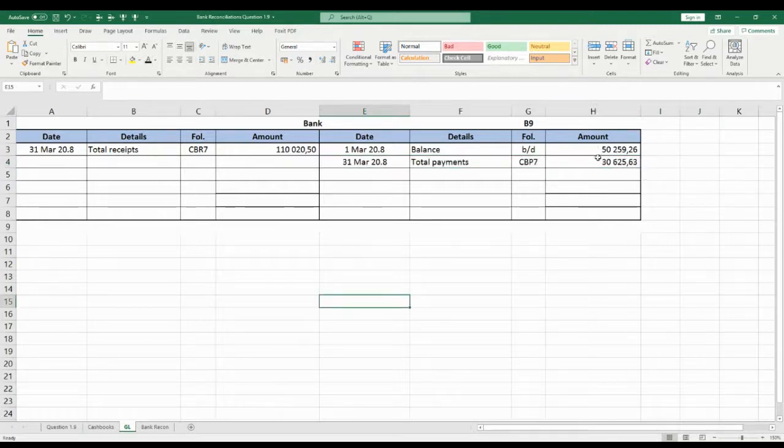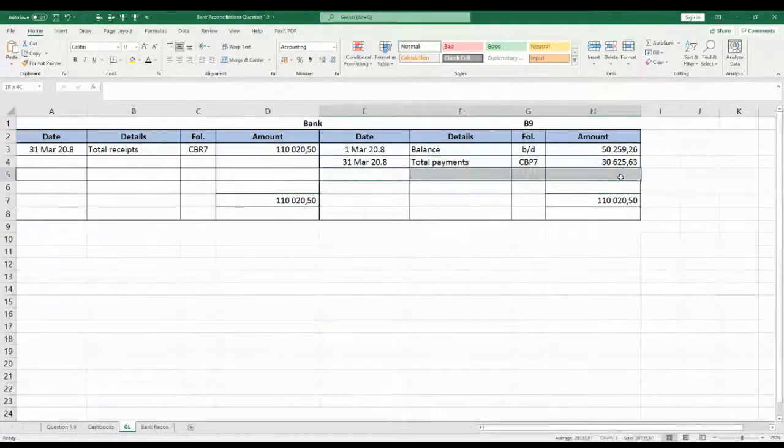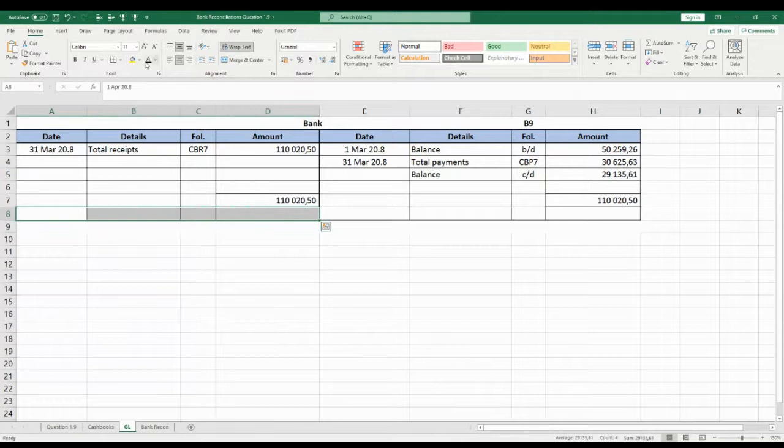Okay, and then we have to balance it. Now the first thing you have to look at is if you add those two together, it adds up to 80,000. Now that is less than the 110,000. So that means our total would be the 110. And then the balance would be on our credit side here, carried down, of 29,000, which means we will end up with a favorable bank balance of 29,000 on the 1st of April.